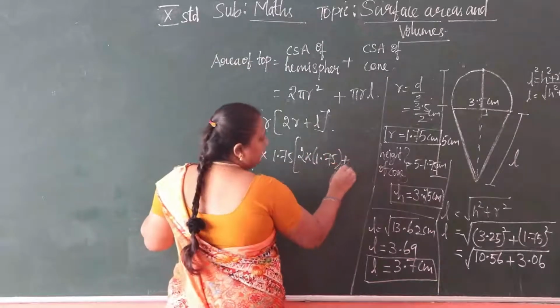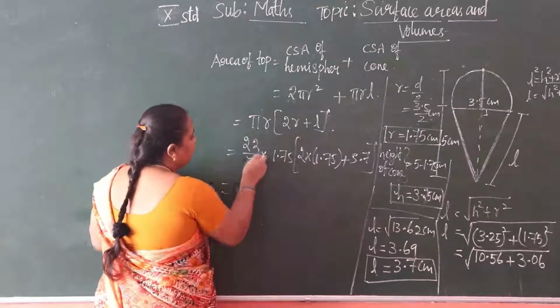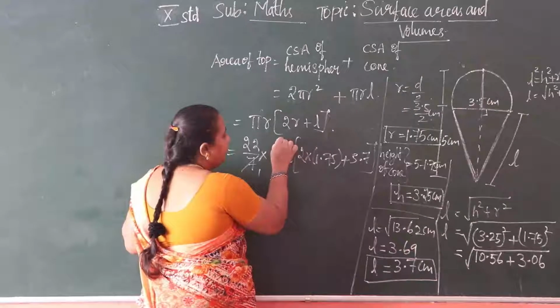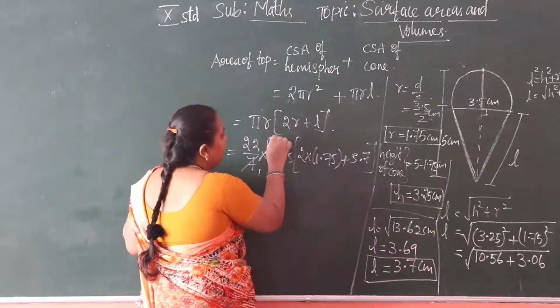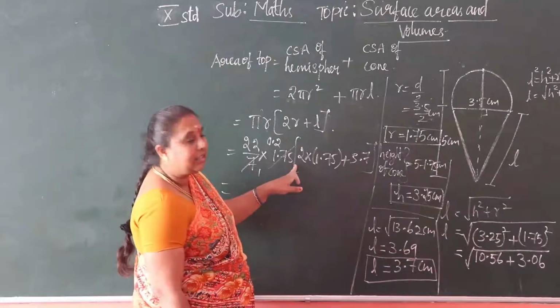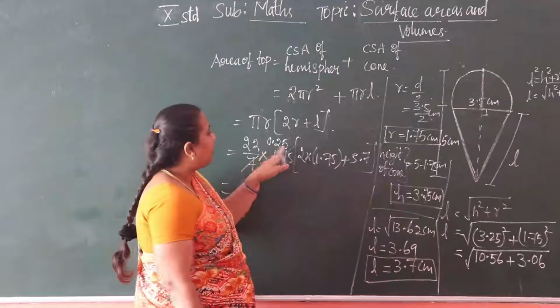Now we have cancellation. 7 ones are 7, 7 twos are 14, balance 3, 35, so 7 fives are 35. So 0.25.